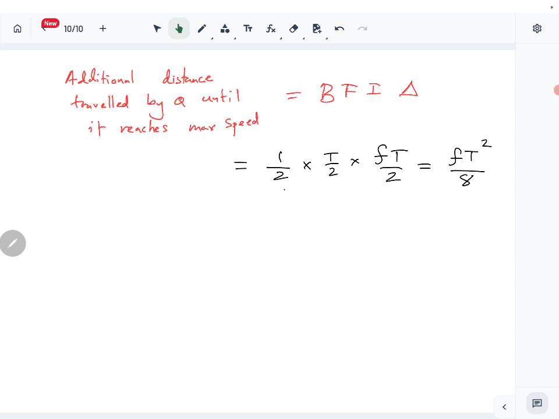So we take the difference. If the difference is positive, additional distance will subtract. If we can show that this distance is positive, then Q has not overtaken P. So Ft squared plus 2Ft minus Ft squared over 8.